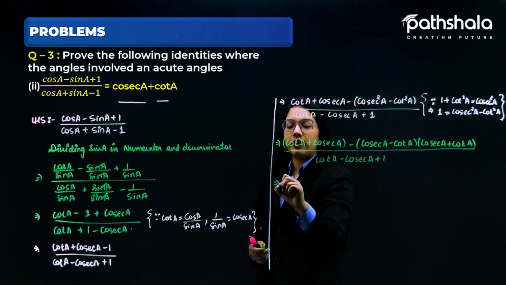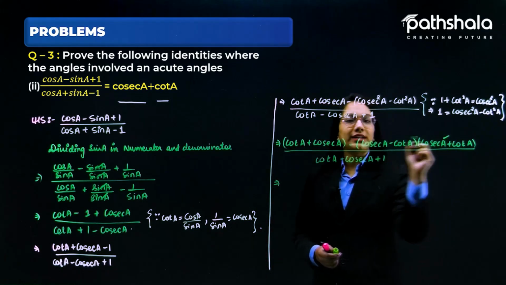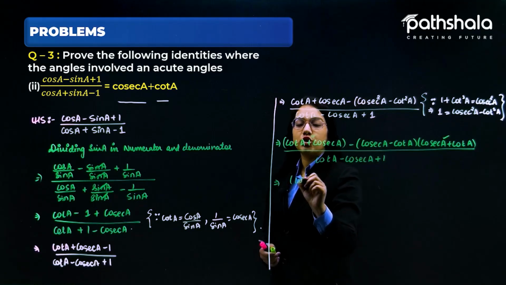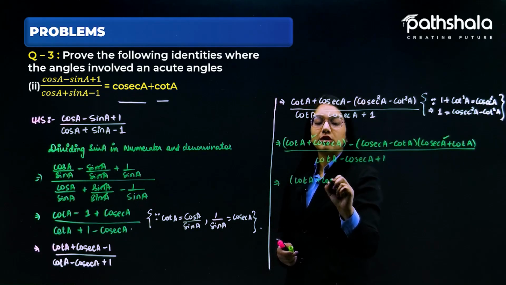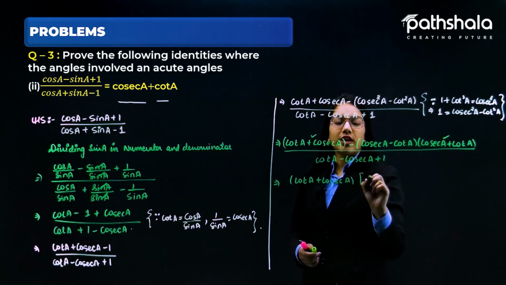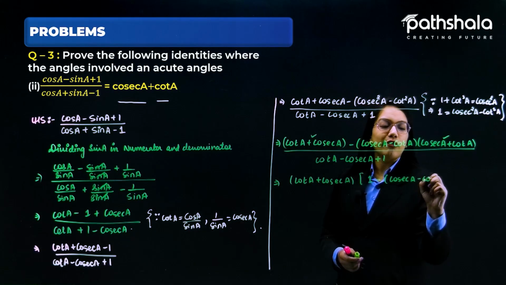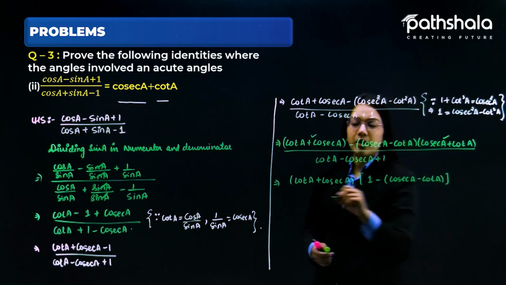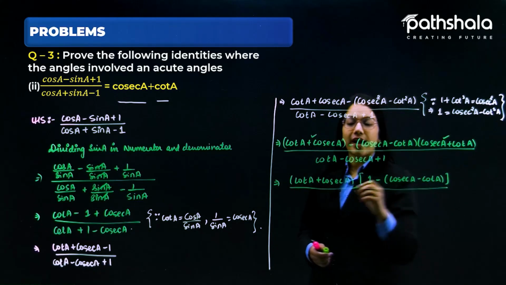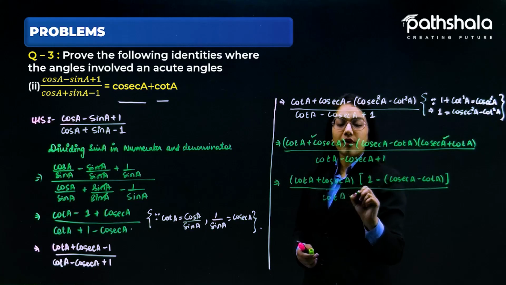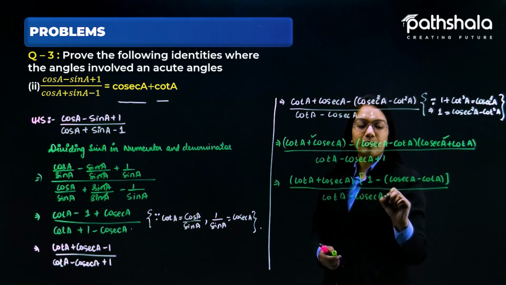The denominator will remain as it is. Now you can see we can take this value common out of it. So cot A plus cosec A is common. So we are getting 1 minus cosec A minus cot A as the value remaining under the bracket. And further we have cot A minus cosec A plus 1.